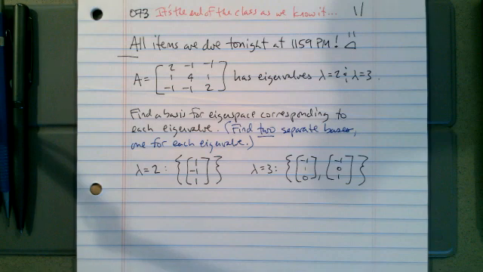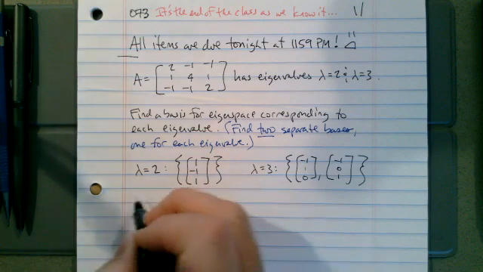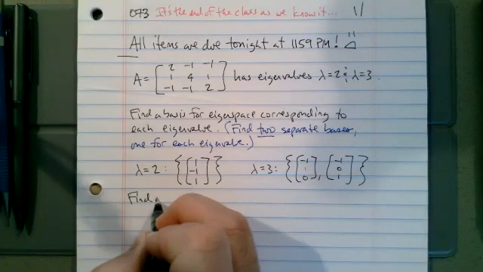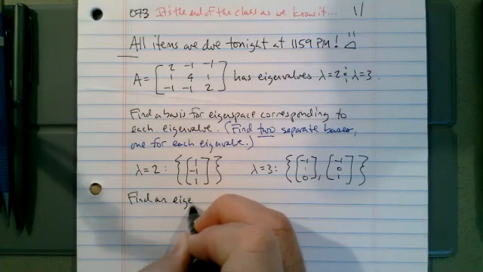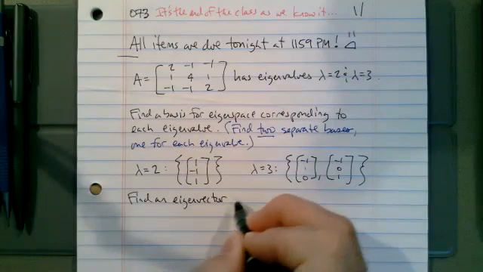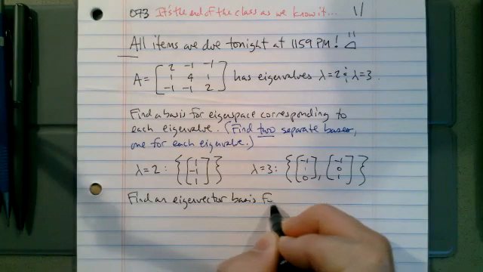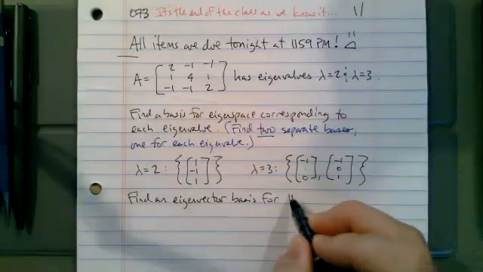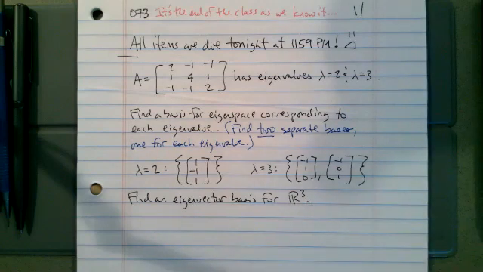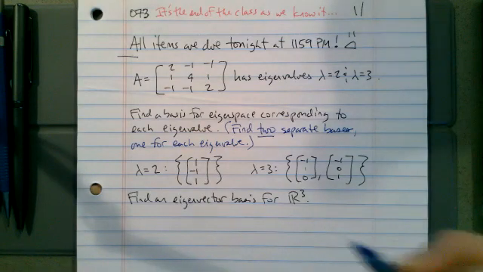That means I'm looking for two separate bases, one for each eigenspace. So this is separate from, say, find an eigenvector basis for R3. This means find one basis, a basis for R3.